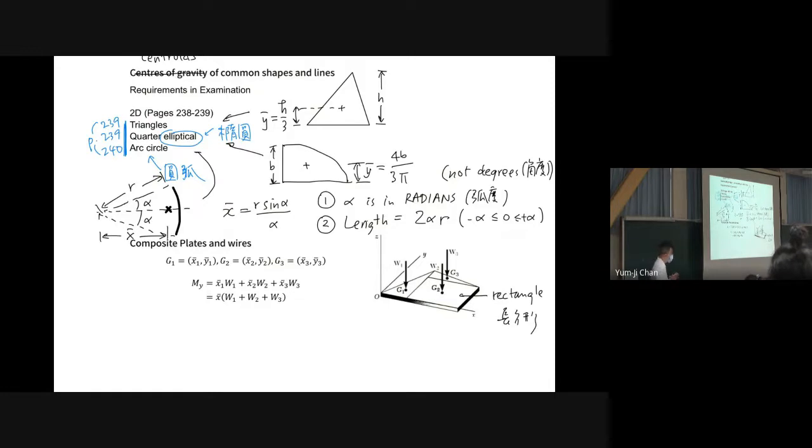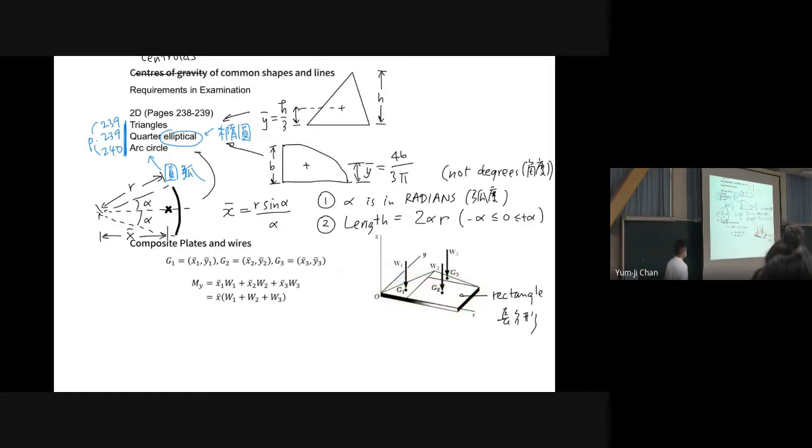So if we want to determine the centroid of this area, we can cut it into two triangles and a rectangle. Now, suppose we do this and make it into three shapes: shape 1, shape 2, and shape 3.